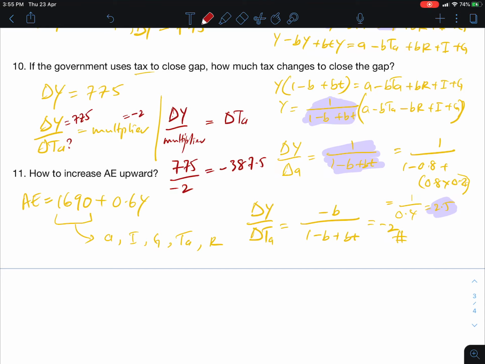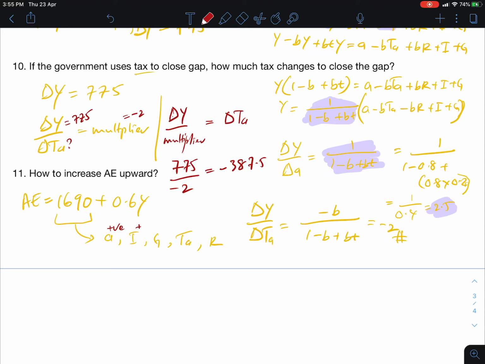So A dengan AE adalah positif. Ni hubungannya positif. Okay, kita perlu tingkatkan A. How to tingkatkan A? Sebab A is autonomous consumption, it's not easy to increase autonomous consumption. But if there is an increase in autonomous consumption, AE akan increase.